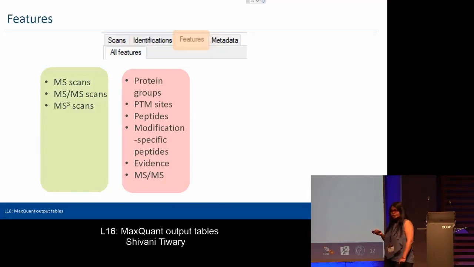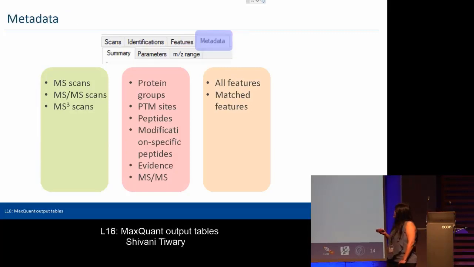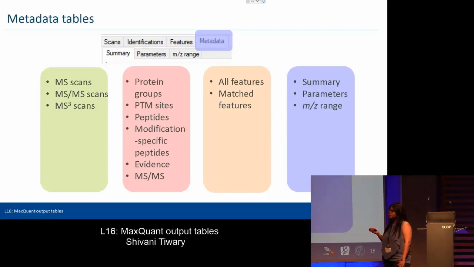Next is the feature level. Here you have tables for all the features, which are the 3D objects. And you have matched features if you do match between runs. And up next is metadata, which has all the parameter information. So you get a summary table and a table for the parameters which you used for your MaxQuant analysis.